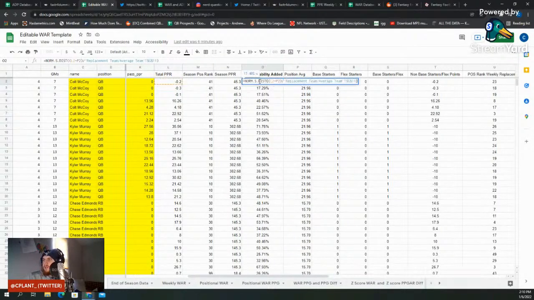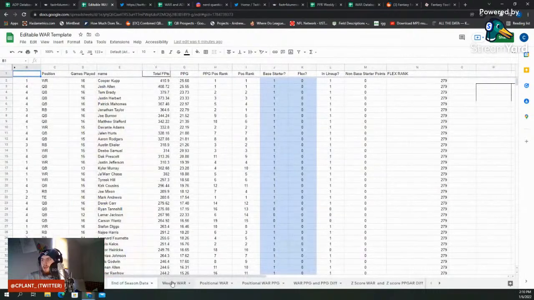and this function, NORM.S.DIST, basically assumes that it's a normal distribution, and then it takes that and turns it into a percentage. So I'm not sure how to phrase it, if it's 1% added or one probability added or something like that.